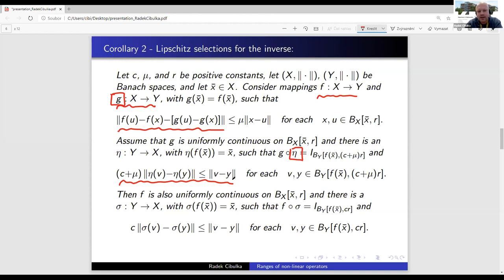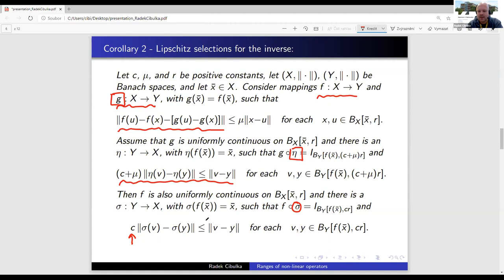Then the claim is that your mapping F is also uniformly continuous and has also a Lipschitz selection. Of course, this selection is different, and the Lipschitz constant is a bit different. So here is C plus mu, and here is only C. In terms of the Lipschitz constant, this means that the Lipschitz constant of sigma is bigger because it's 1 over C.